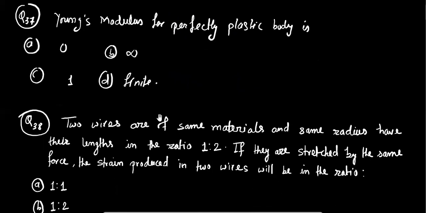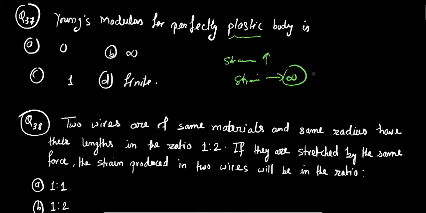Question number 37. Young's modulus for a perfectly plastic body is? Okay, so for perfectly plastic bodies, which means that if we apply a small force, the strain will be high in a generally plastic body, and in the ideal case for a plastic body the strain must be infinite.